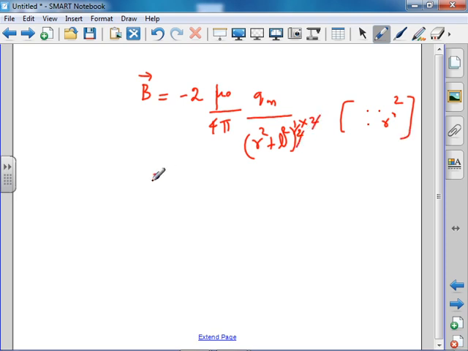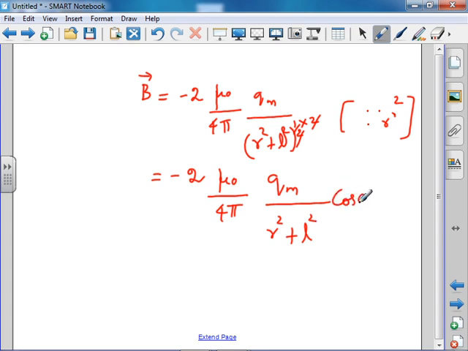So we get minus 2 mu naught by 4 pi Qm divided by r square plus L square, cos theta i cap. In the previous step also cos theta i cap comes. I wanted to make you clear about this distance square, so I left it here. Now I have included this. Now shall we substitute again the value of cos theta that we have already derived? What is cos theta?